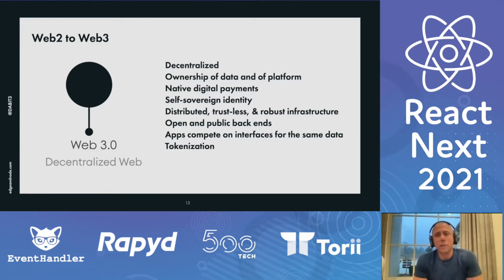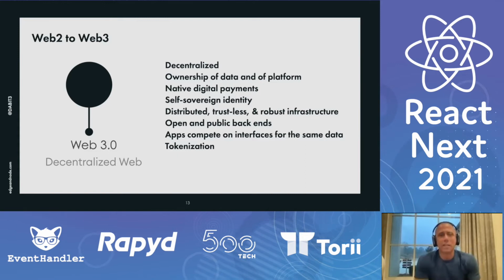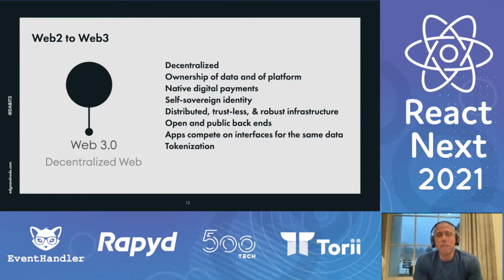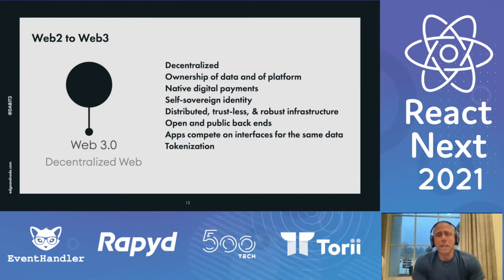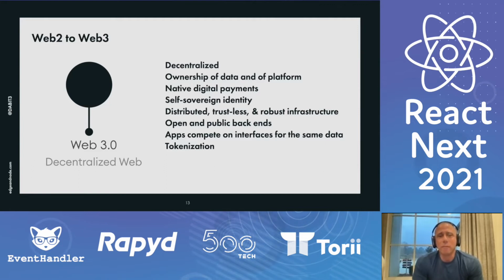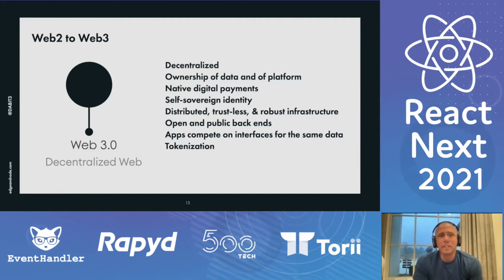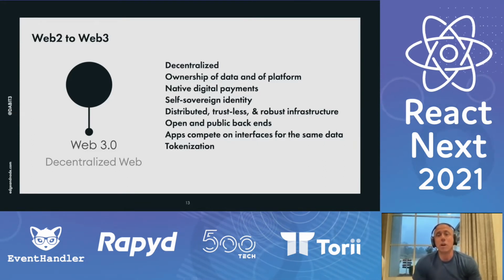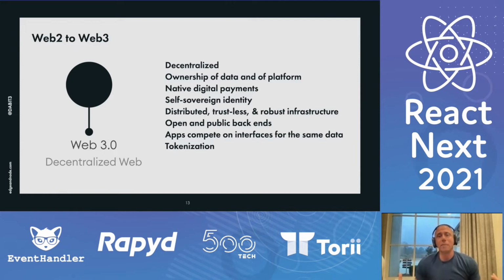But of course, what we see happen all the time, just like we saw last week, is US East goes down. When we have a single point of failure, it's hard to be certain that our application is going to be up and running. A lot of what you see in the Web3 or decentralized space is, instead of having your application running on a single server, you have a decentralized network of nodes running your application.